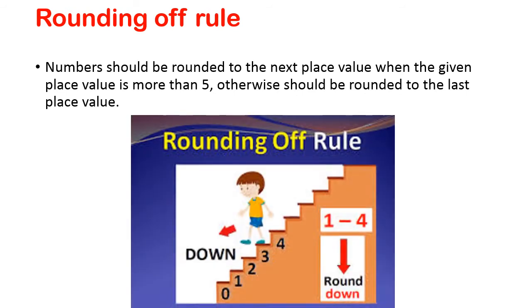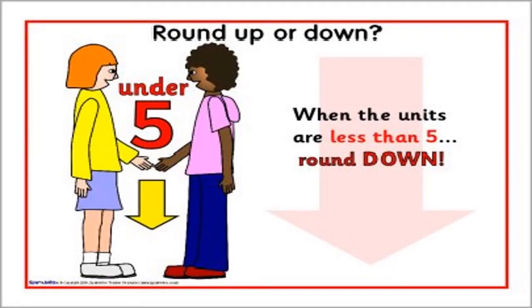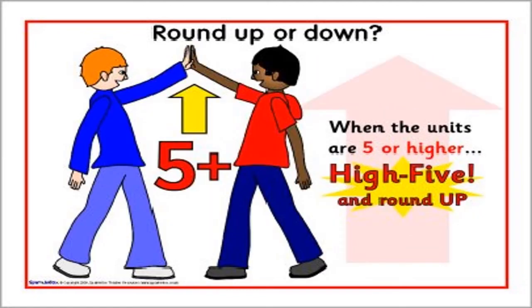So if the digit is less than 5, we have to round down. When the digit is greater than or equal to 5, we have to round up. Also keep this in your mind.